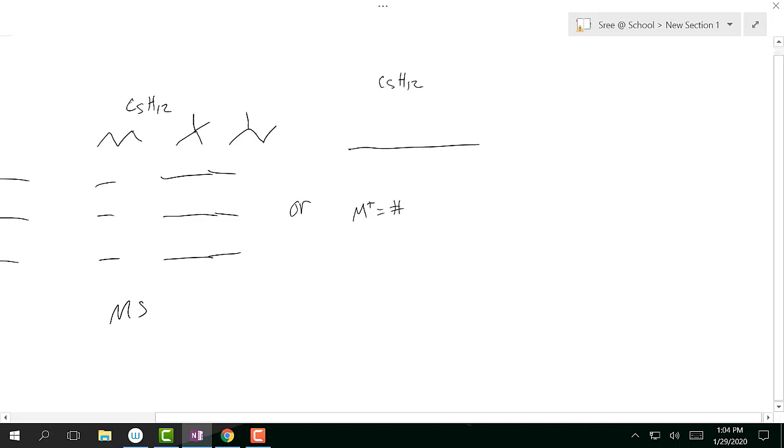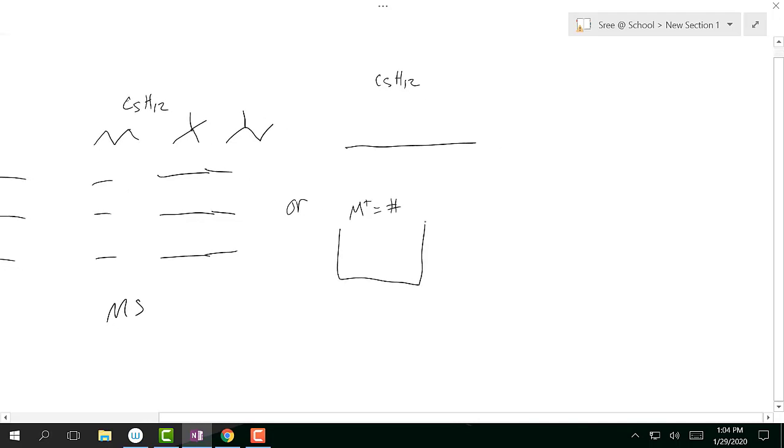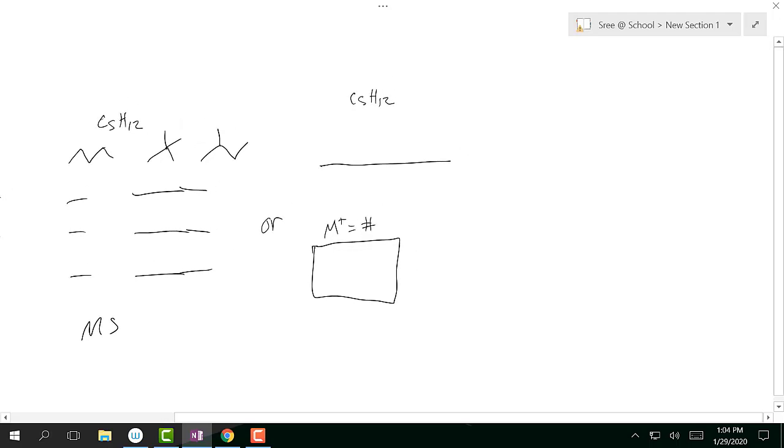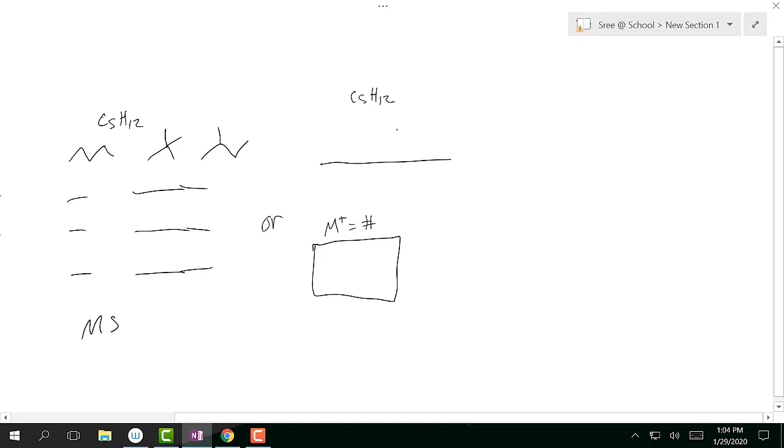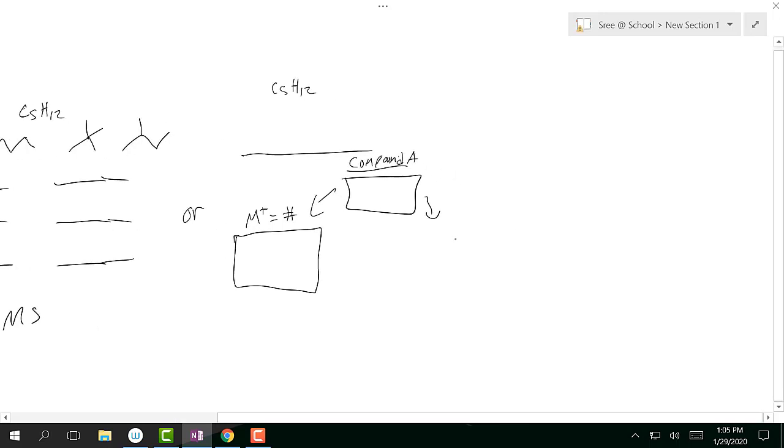Okay, and then you have to draw the fragmented compound in the box. Okay, so using the formula and the graph, you have to put together your compound, and there might be another box where they say compound A, where you have to draw it, and then from that compound you might have different fragments.